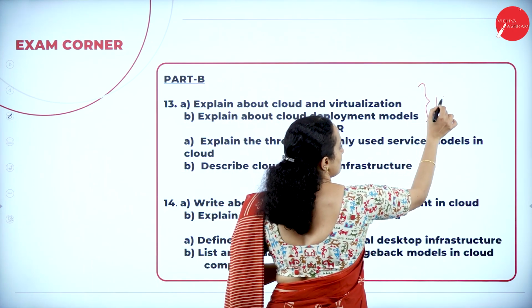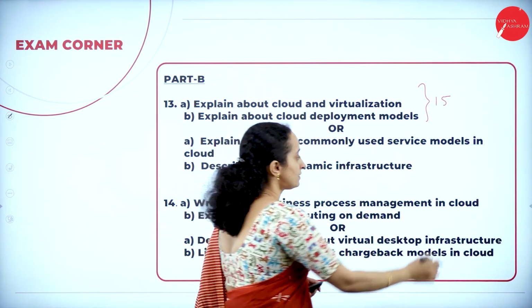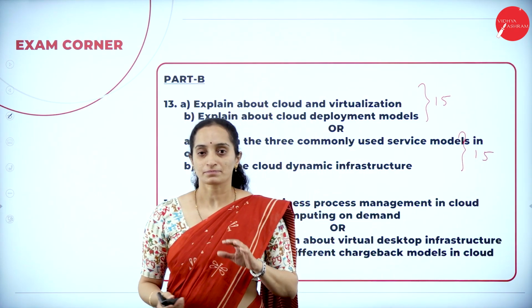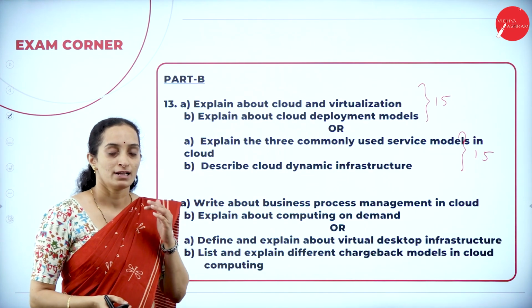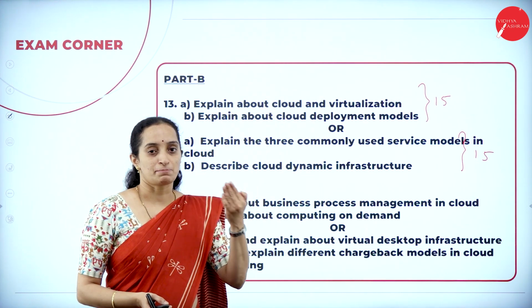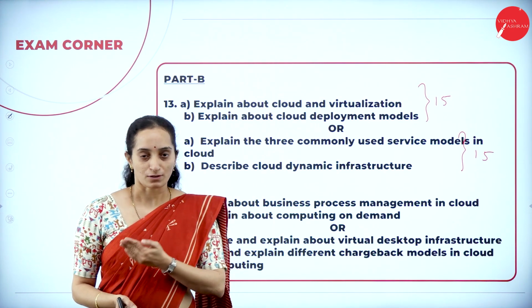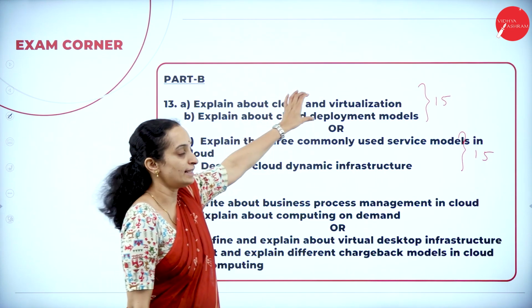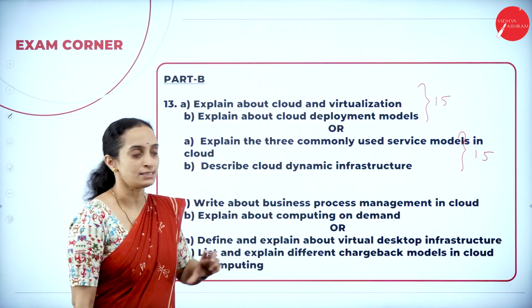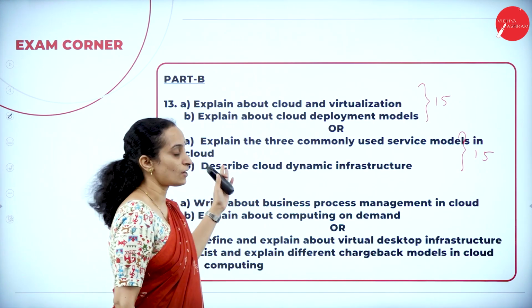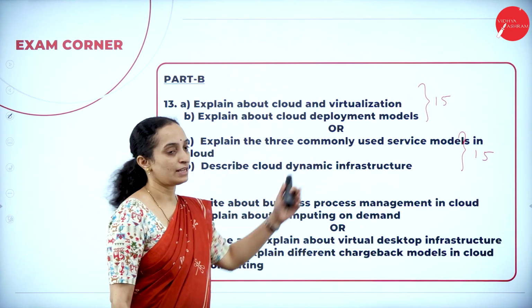So this set will carry 15 marks. It may be asked as 8 plus 7, or 5 plus 5 plus 5, or 6 plus 5 plus 4. Like this it can be asked, but each set will contain questions for a total of 15 marks. The second set also, same thing, 15 marks.